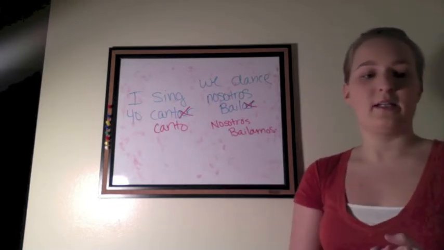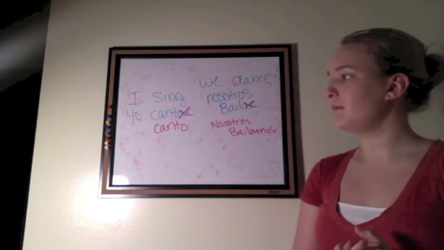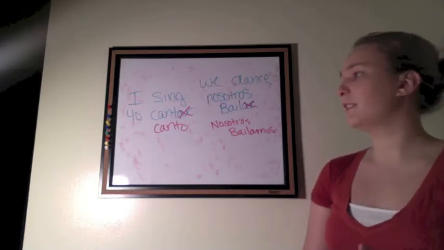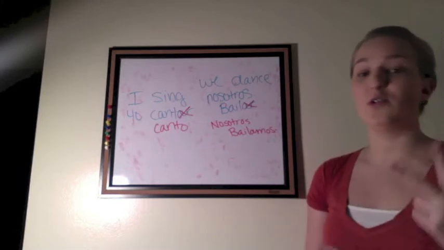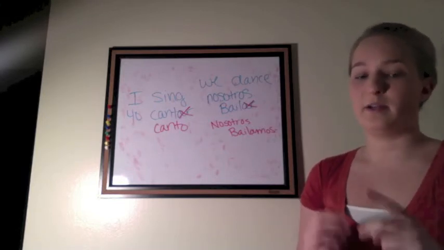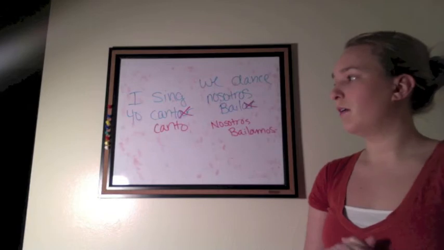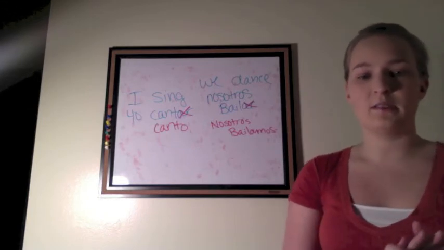And if you are able to translate it and put the conjugation down, you get 2 points. But if you can only do one or the other, you only get 1 point. Okay? So let's split into groups.